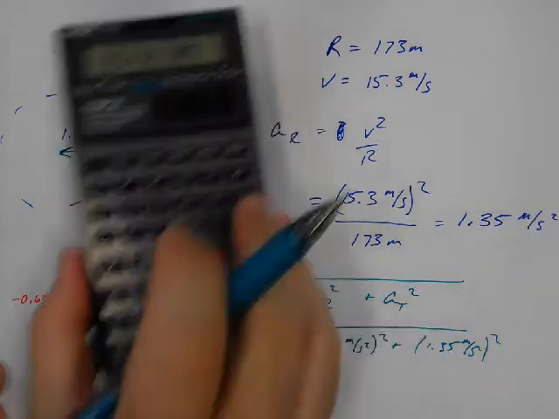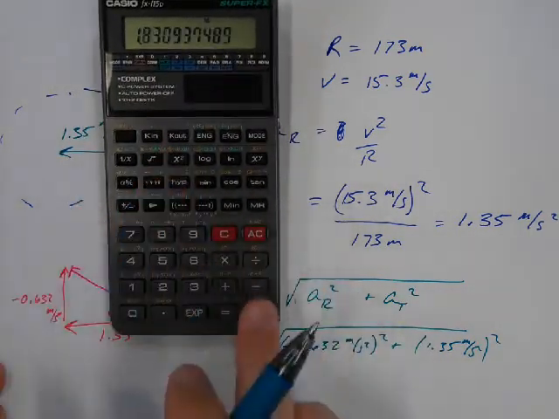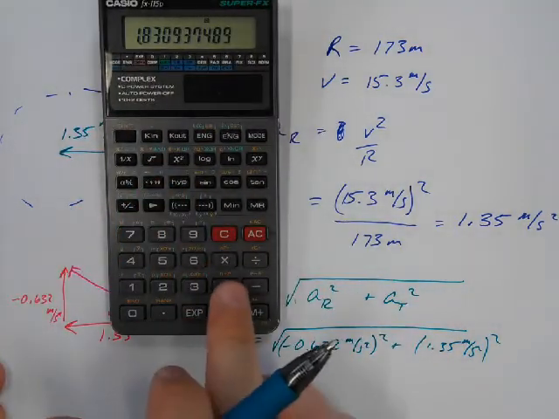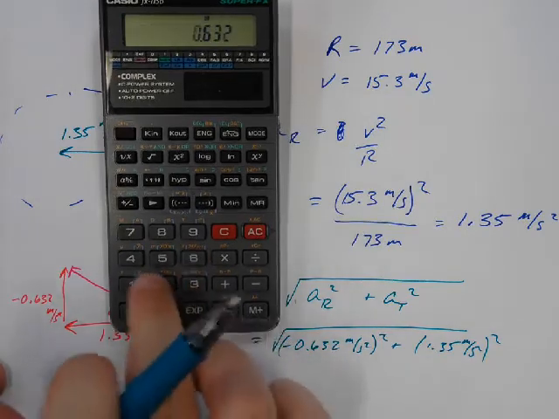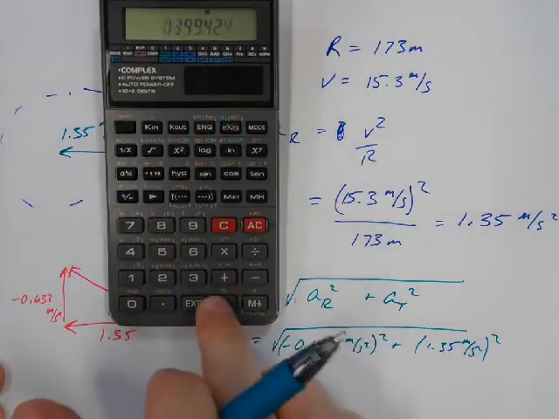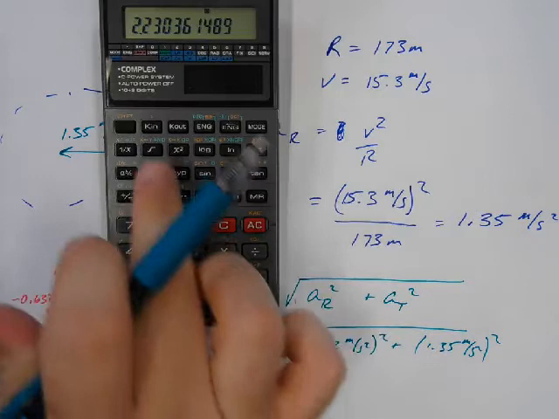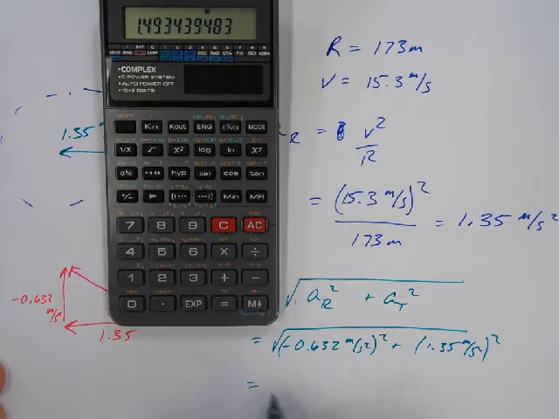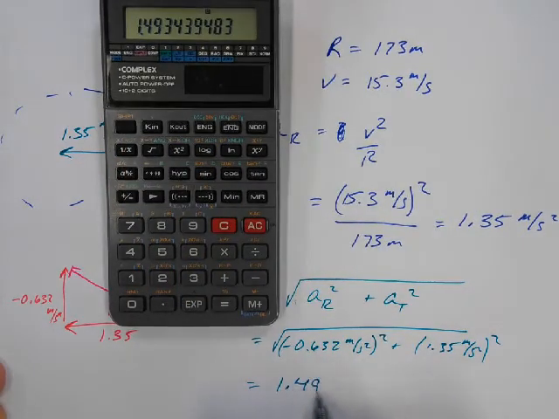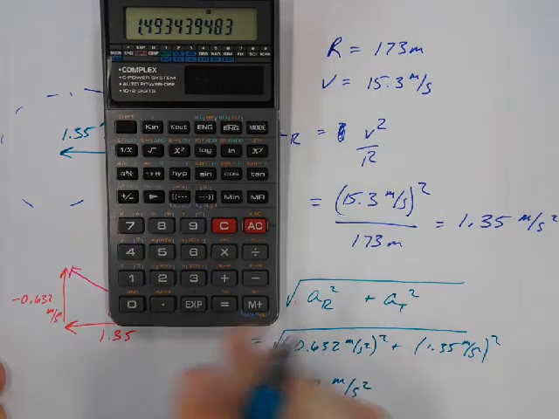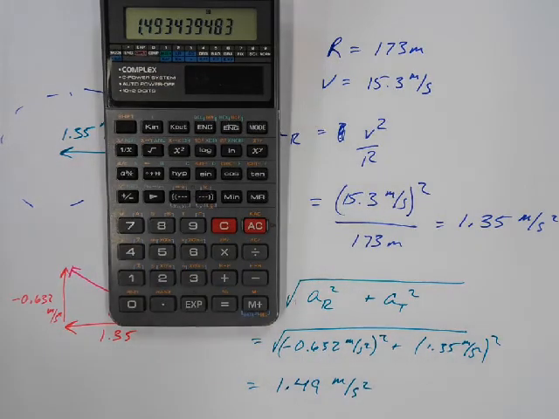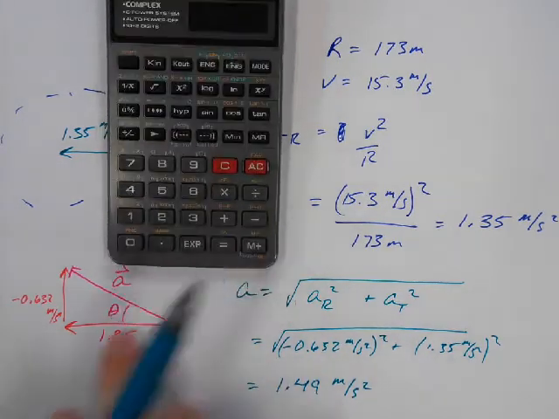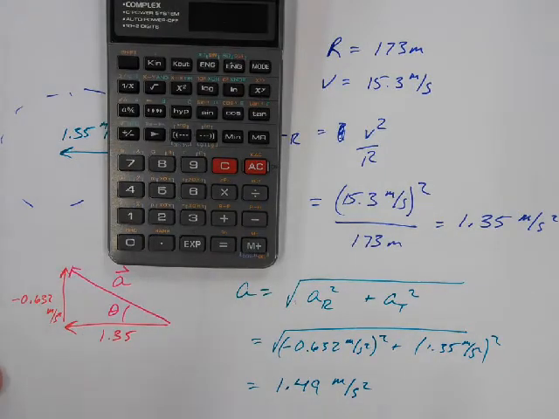Okay. And then we sit and calculate it. That squared plus 0.632 squared, and we get a number, and then we take a square root. And this is 1.49 meters per second squared. That makes sense. It's larger than our components. We're trying to find a hypotenuse. That's what we want. That's good.